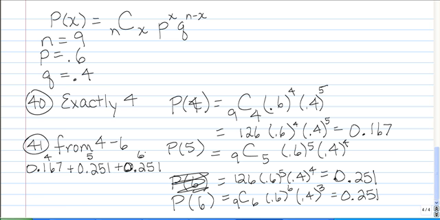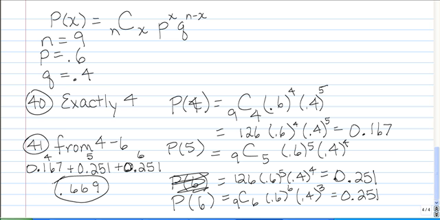I'm going to add these up, and I'm getting 0.669. So in some cases you may have to add up your answers, so be aware of that.